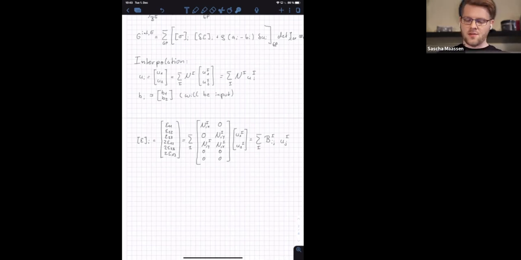So N here is our ansatz function. This was discussed last time, if I'm remembering correctly. Within a finite element, there is one ansatz function defined for each node, and there is also one displacement vector defined for each node.